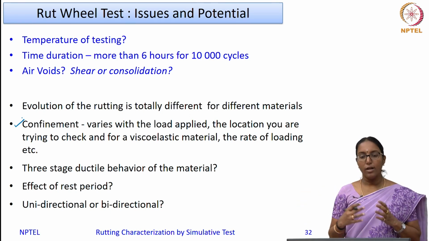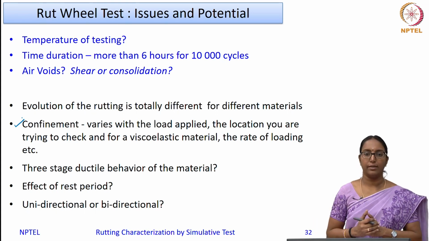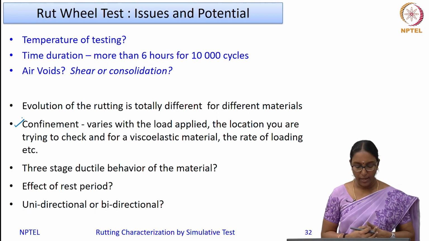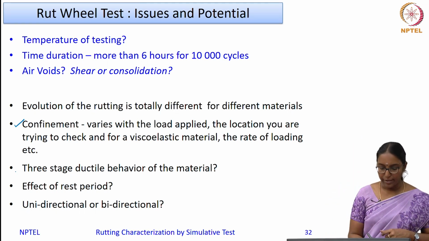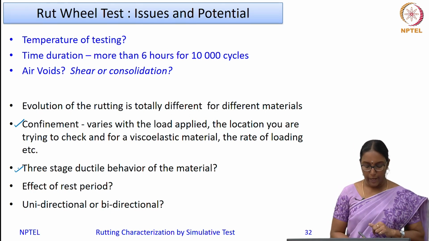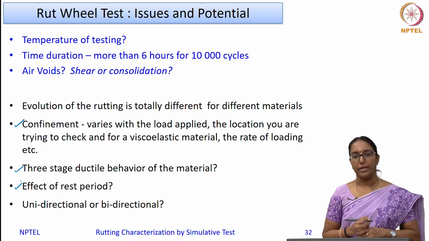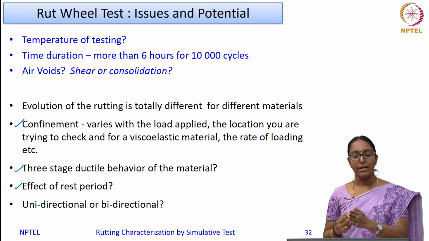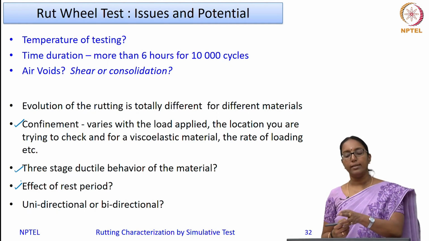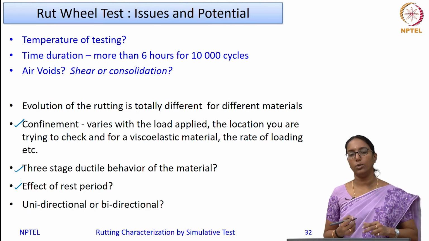Okay, so all these aspects are not incorporated or simulated in your wheel tracker test because the material is placed in a very rigid mold. Okay, and the next aspect, as I already mentioned, is the 3-stage ductile behavior, which is not covered. And another aspect is the effect of rest period. Okay, as you know, after the application of one wheel axle or axle load, there is a certain time period for the next wheel load application or the next axle load application.